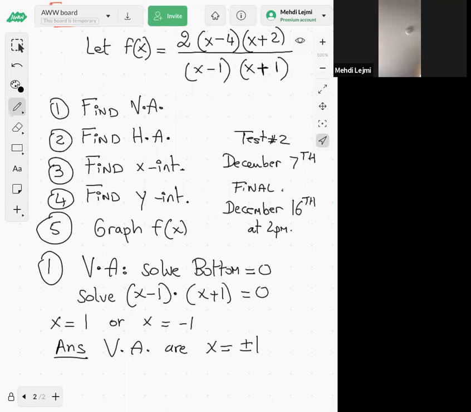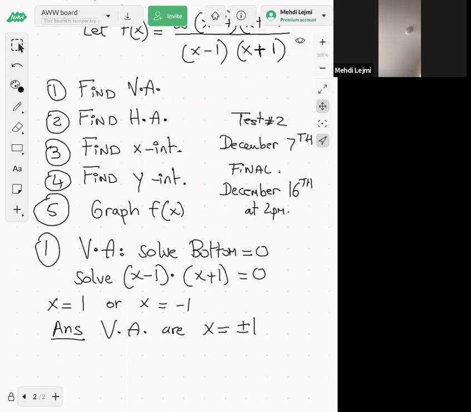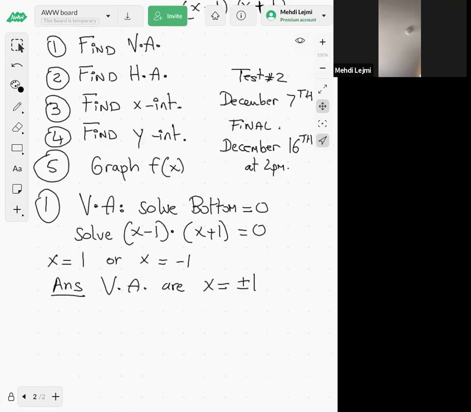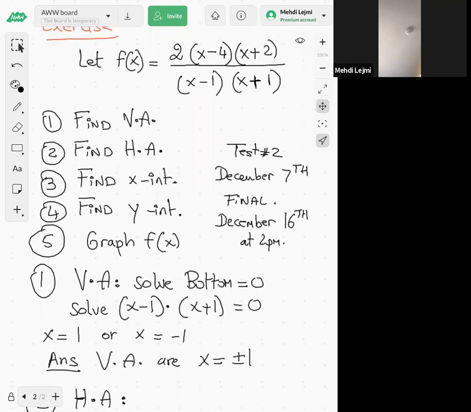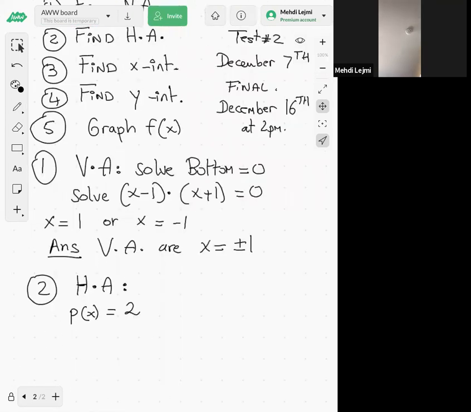Now, for the horizontal asymptote, just be careful here. The top, p of x, is 2 times x minus 4 times x plus 2.